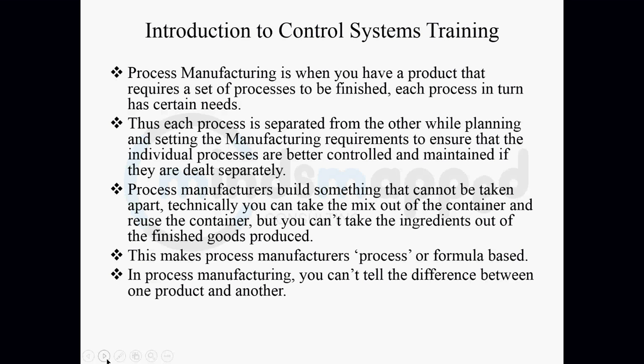Thus, each process is separated from the other while planning and setting the manufacturing requirements to ensure that the individual processes are better controlled and maintained if they are dealt with separately.